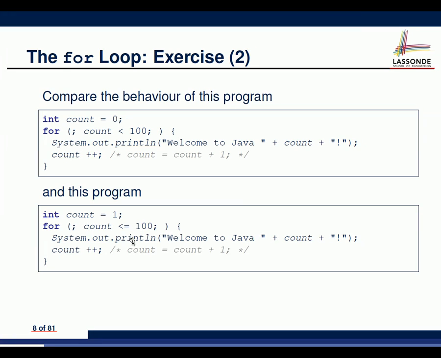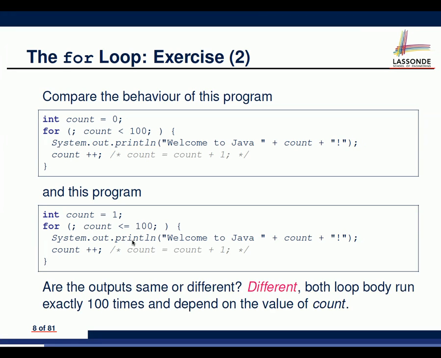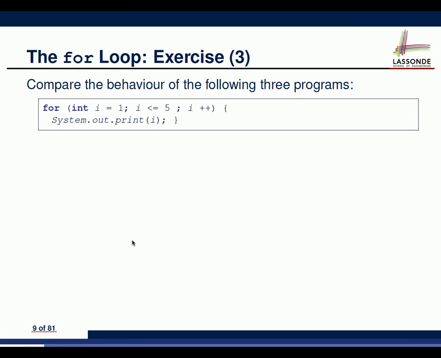Okay, after this, let's look at something else. Let's do some exercises. We're going to figure out what the output is for each one of them. This one should be easy. Here we have initial value 1, less than or equal to 5, and then i plus plus.